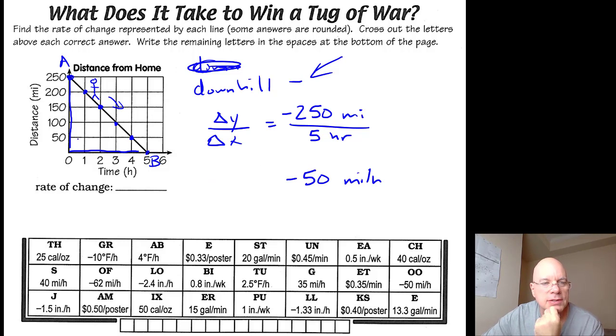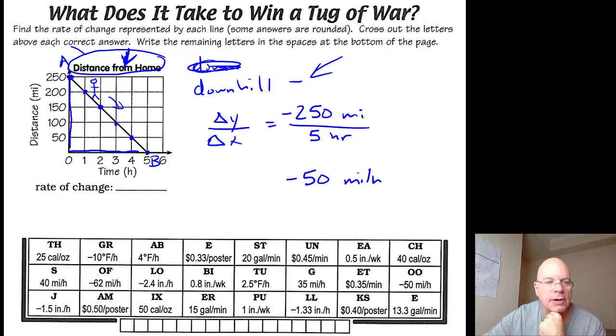The reason this one is negative is, if you started a trip at your home, based on this title, if you started a trip at home and drove somewhere, your distance from home would be, wait a minute, I gotta rethink that, hang on. I take it back.